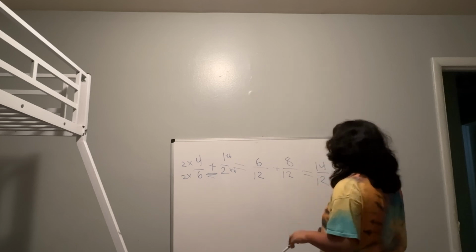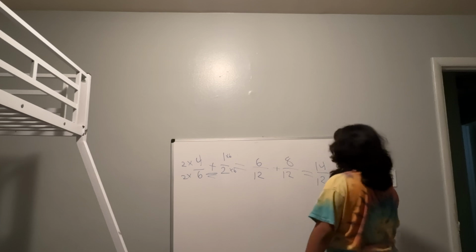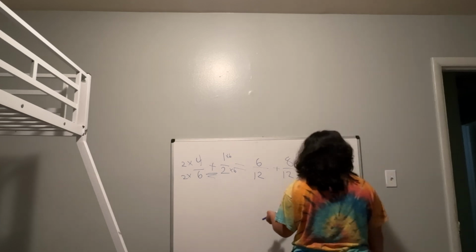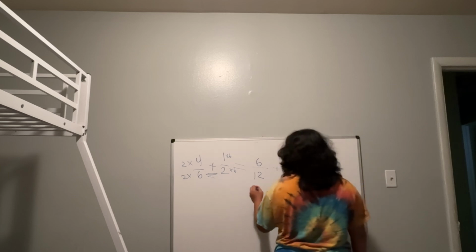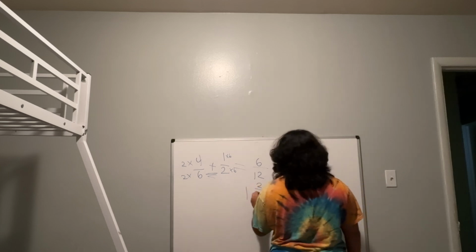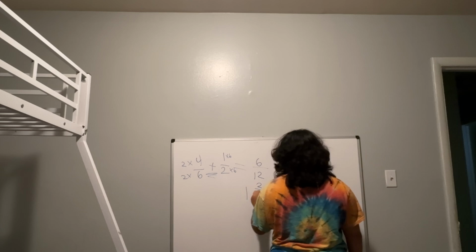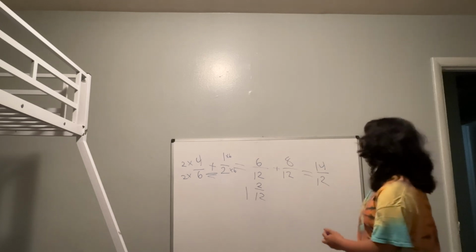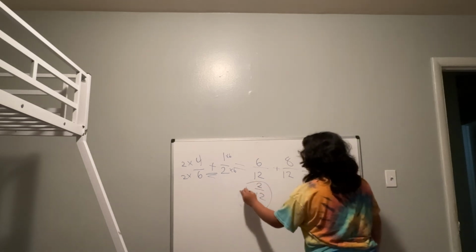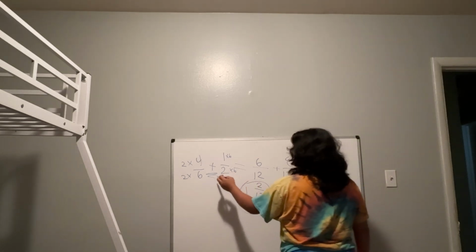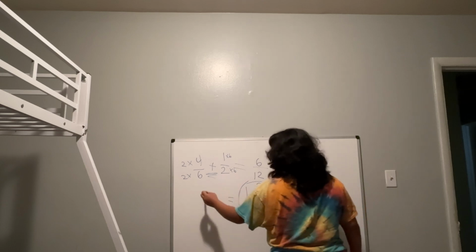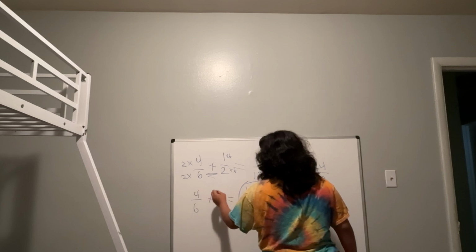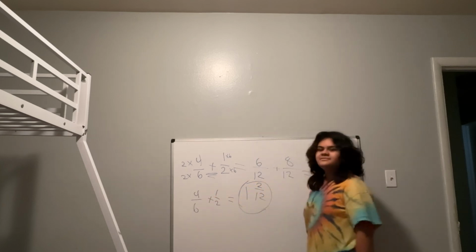And if the class you're taking right now doesn't allow that, it would be 1 whole and 2 out of 12. Yep. So this is what you would get for 4 over 6 plus 1 over 2.